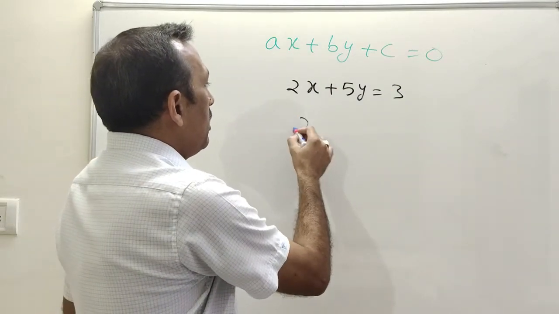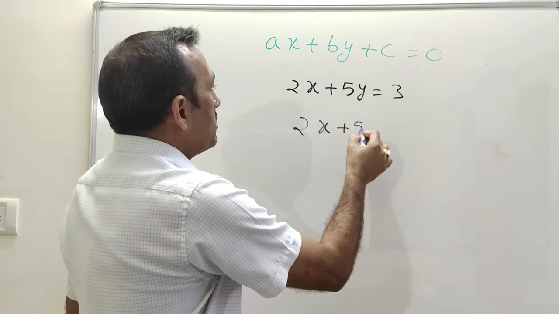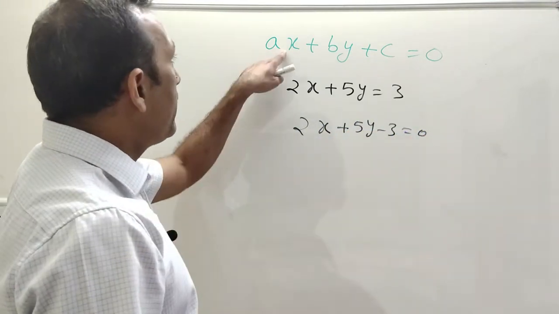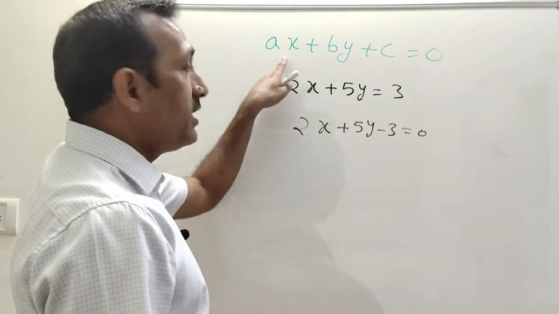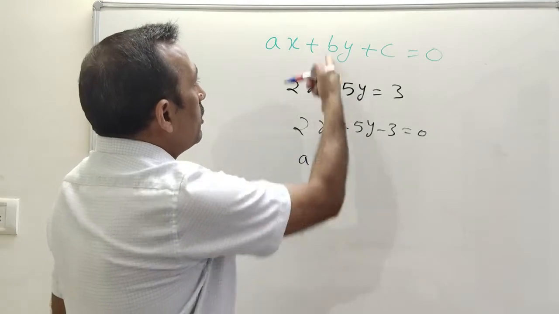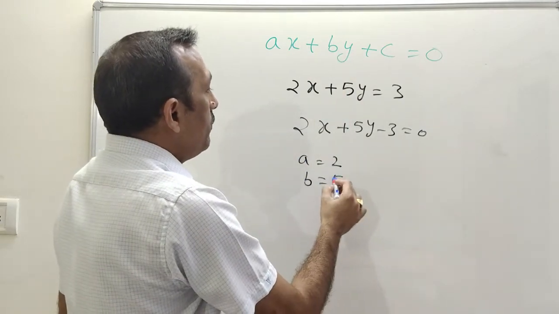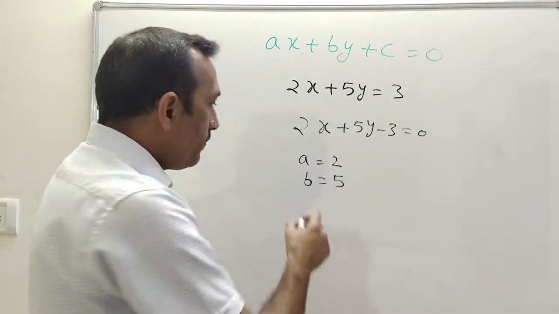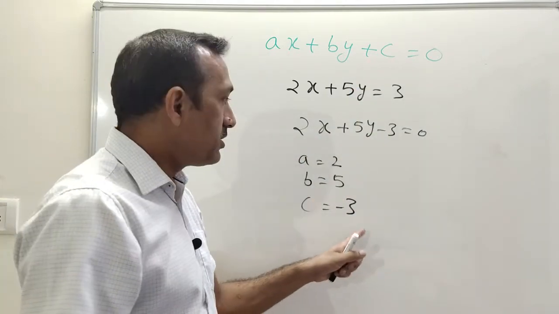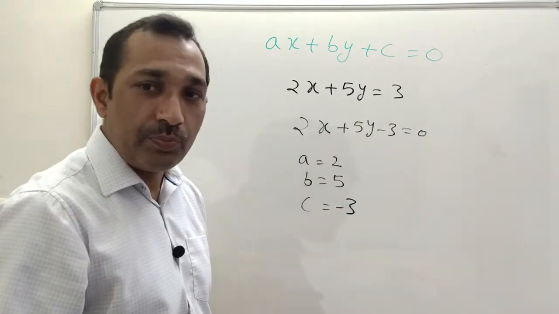I can write it as 2x plus 5y minus 3 equal to 0. If I compare this equation with the standard equation, I can see a equal to 2, b equal to 5, and c equal to minus 3. So these are the values.